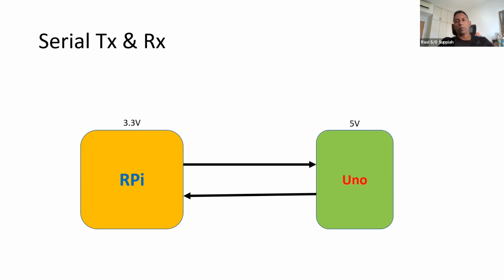But for now, what have we done? The first thing is the Rpi itself is running on 3.3 volt, and the UNO is running on 5 volt. Rightfully, when you have devices on different voltages talking together, you may need something called a voltage translator. But in our case, we don't need it, because of the way the Rpi handles the data: when 5 volt comes in, and 3.3 is also interpreted as a logic high in the UNO.